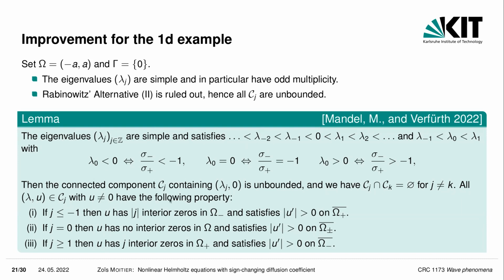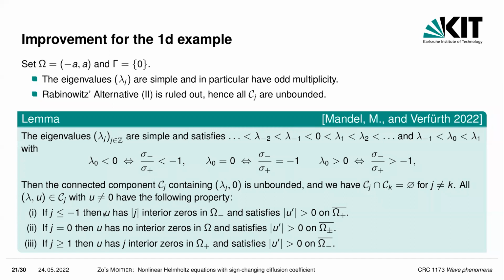So here what is important is that the branch connecting one bifurcation point is unbounded and cannot cross another branch, because actually the number of zeros is preserved.